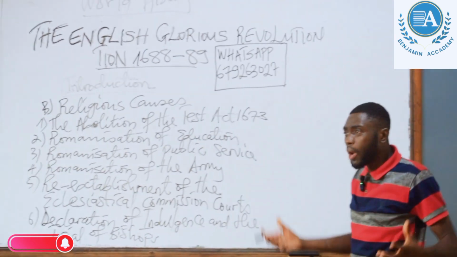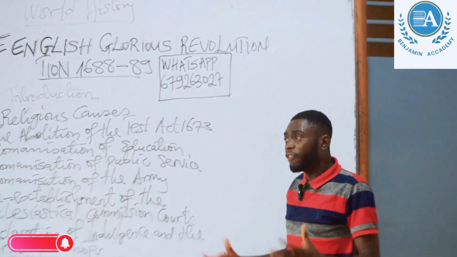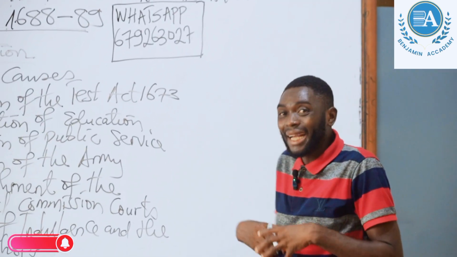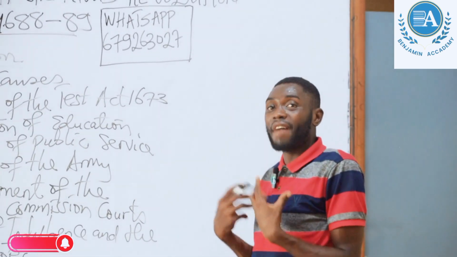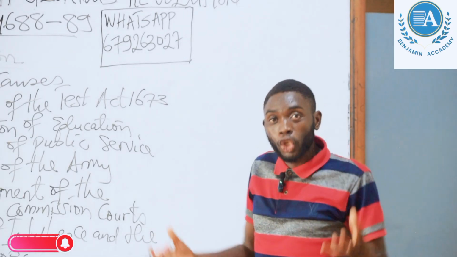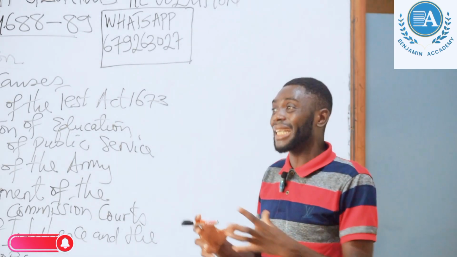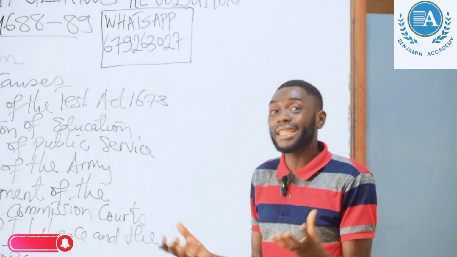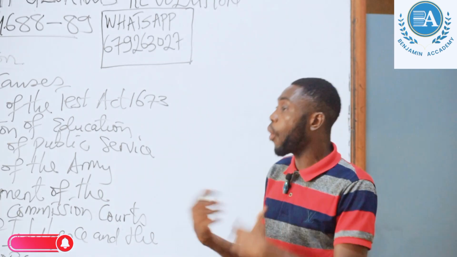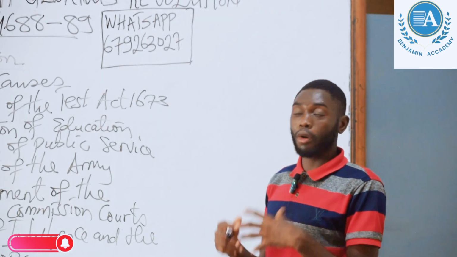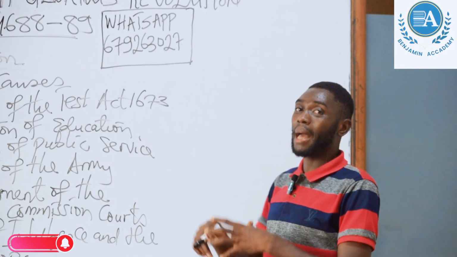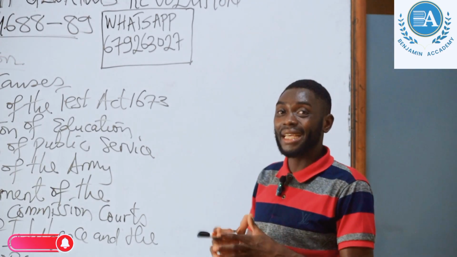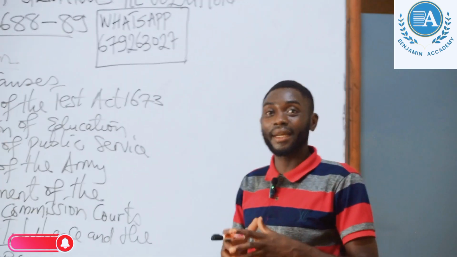When James came to power, he had promised before coming to power that he was going to make Catholicism his private affair or religion and rule England as an Anglican or Protestant state. But in power, he could not fulfill this promise, as he went ahead and abolished the Test Act of 1673.